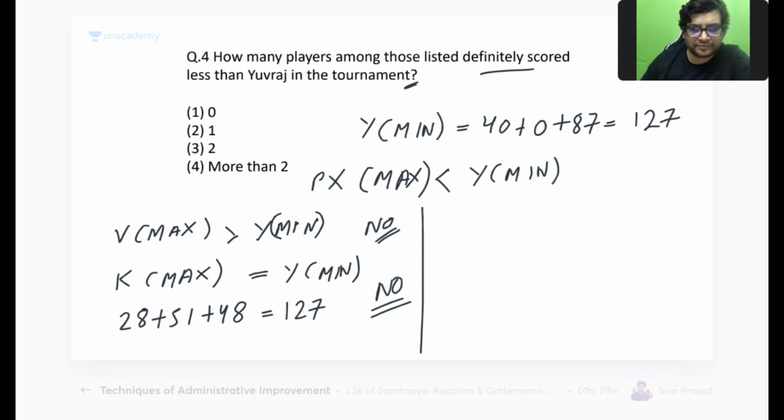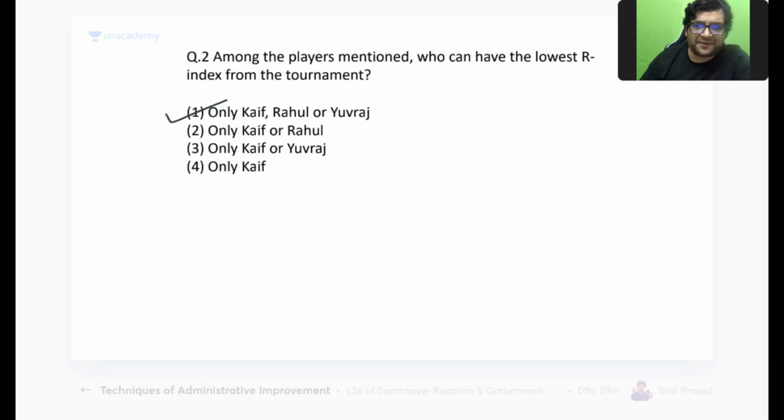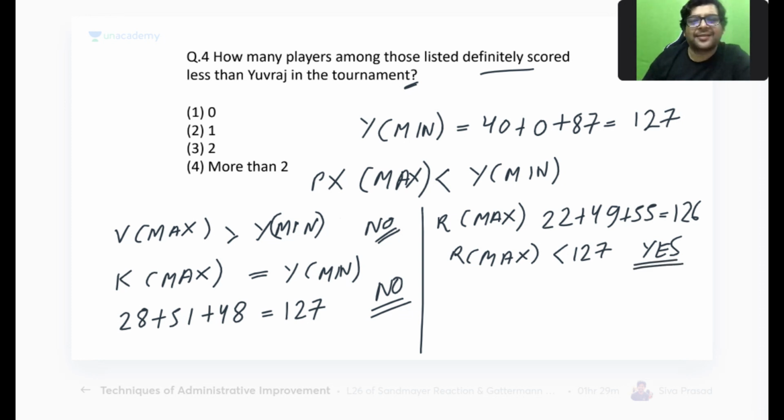Rahul. Maximum is 22, 49, 55. 49 and 55 is 104 plus 22 is 126. So yes, Rahul max is less than 127, which means you can guarantee that Rahul has definitely scored less than Yuvraj.